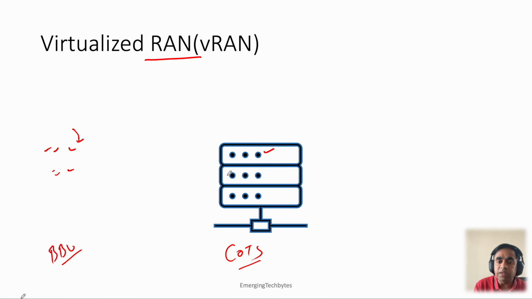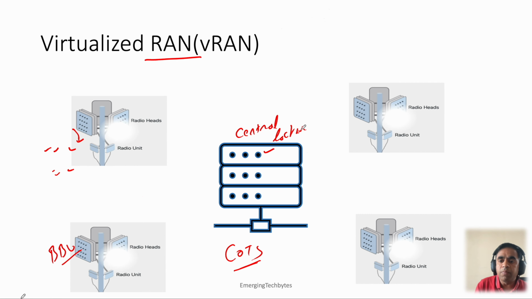Now, when I have decoupled this BBU, can I take this BBU on this COTS server or hardware, let's say, and deploy it at some central location and connect multiple of these radio units to this?